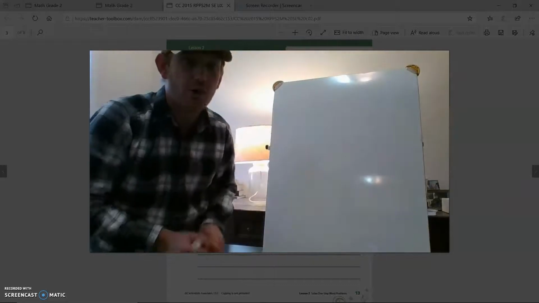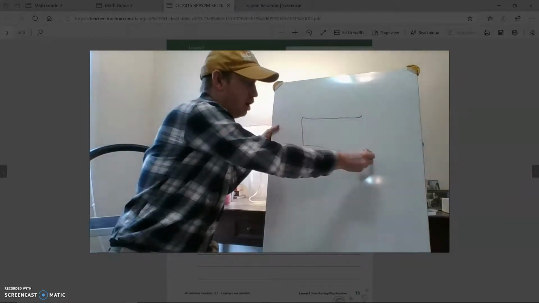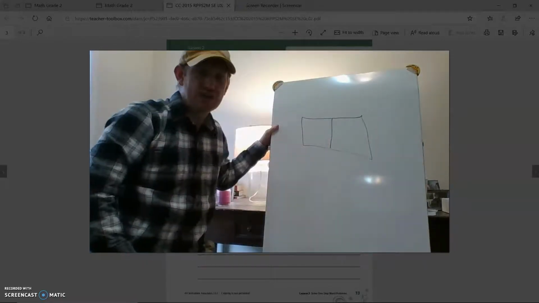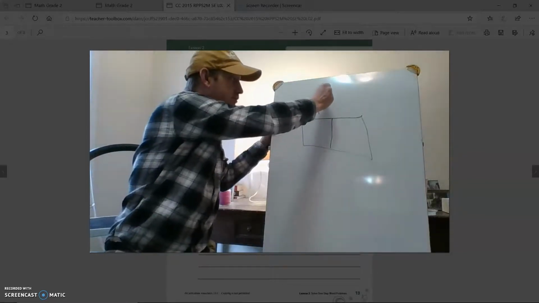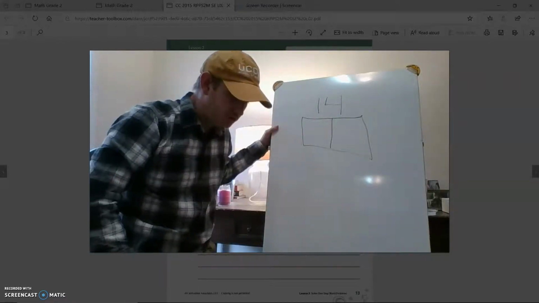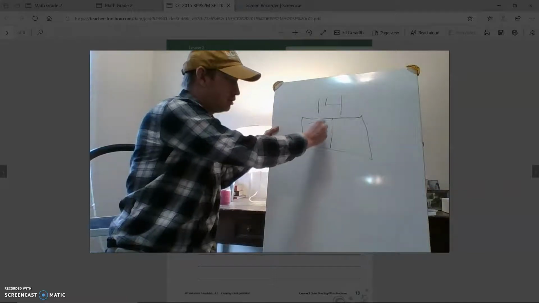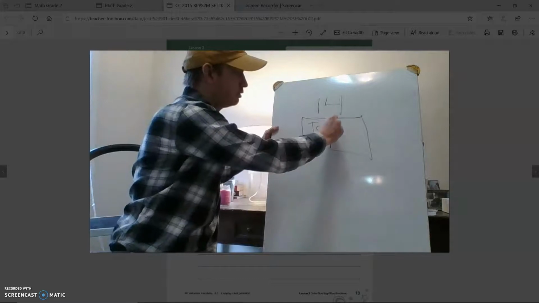So I know that there are a total of 14 books. That's going to go on the top. All the books that I have, 14. Then I know that some of the books are on the top shelf, and some of the books are on the bottom shelf.